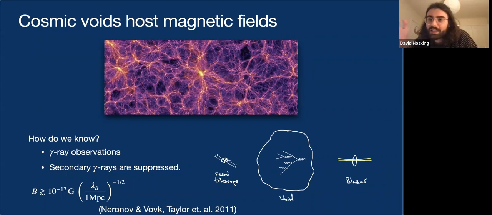It's an inequality that relates the magnetic field strength and the coherence length, the correlation scale of the magnetic field, because there's a degeneracy in the scattering process. You can have a stronger field, or you can have one that's correlated over longer distances. Assuming a stochastic scattering process, you get an inequality like this, where this 10 to the minus 17 is an order of magnitude thing.